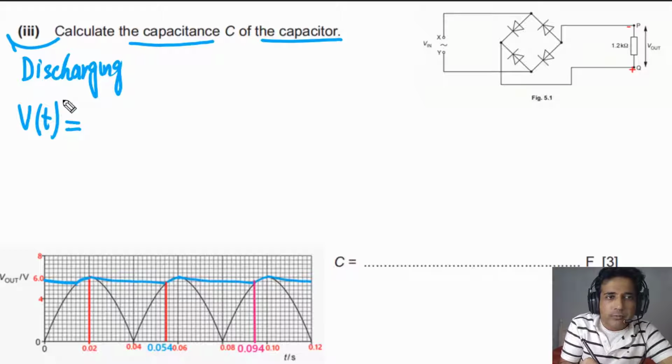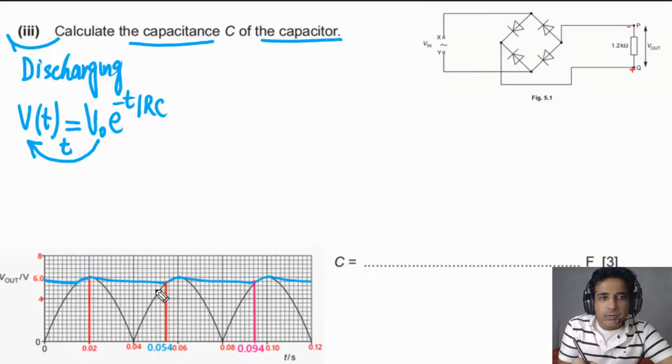You can write V as a function of time is equal to V naught e to the power of minus t over RC. Let's say we need to find the value of V after time t, then simply you can write down V naught, the time taken for V naught to become Vt, that time is t, and that time is here. So this is the time taken, and this is the value of V after time t.